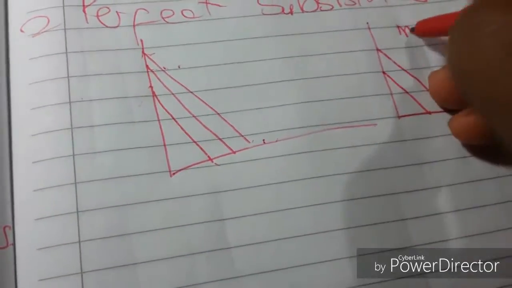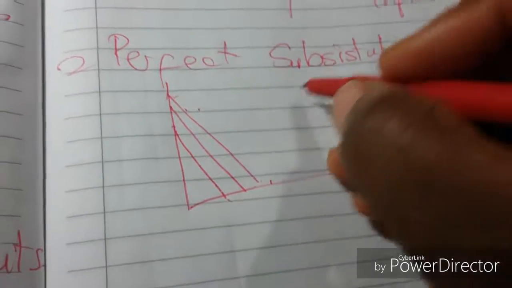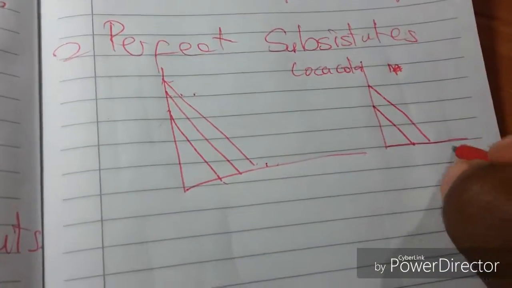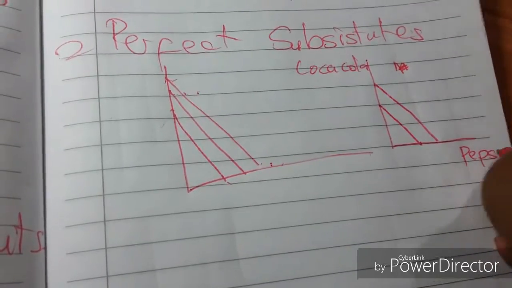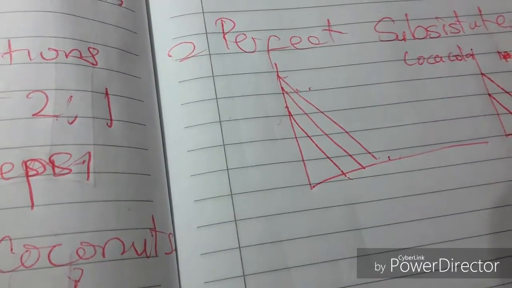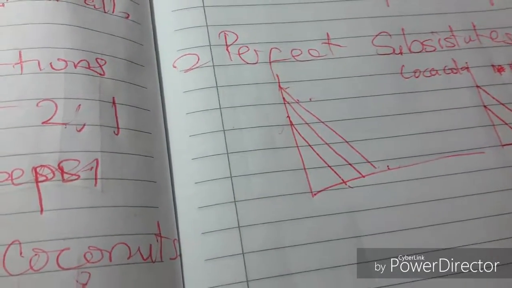An example of goods that are perfect substitutes are Coca-Cola and Pepsi. And the MRS is constant for these goods.